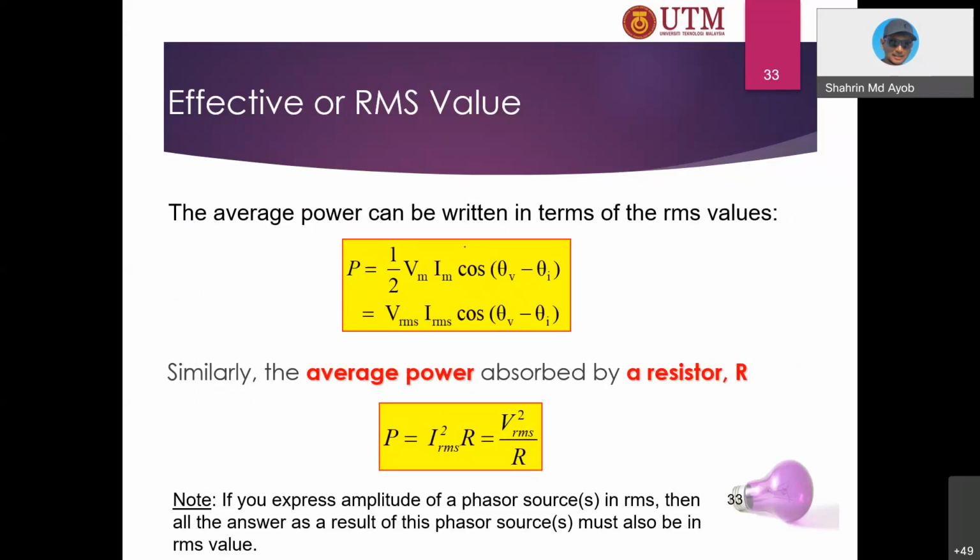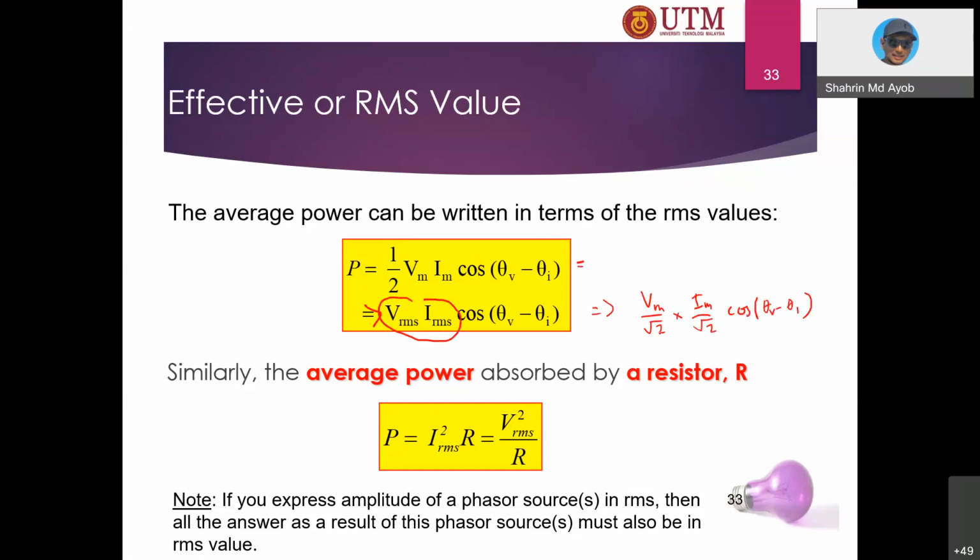Previously we know that for the average power calculation, the equation is Vm Im cos(theta V minus theta I) over 2. Since from now on we are using RMS, we need to convert this equation into the RMS form. V RMS times I RMS is actually Vm over square root 2 multiplied by Im over square root 2, times cos(theta V minus theta I).